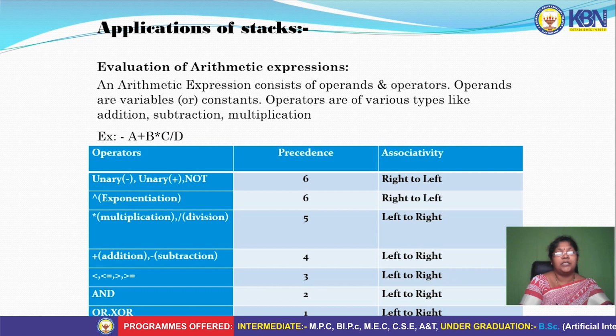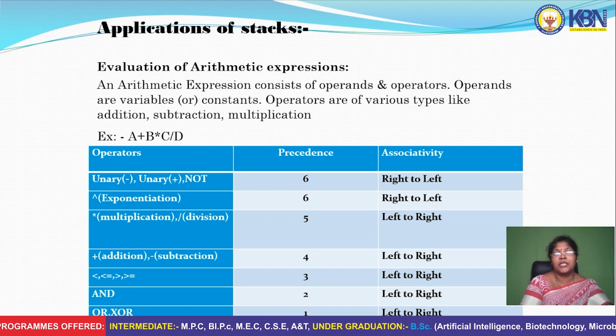Greater than or equal to, less than or equal to is the third position, left to right. AND is the second, left to right. OR or XOR is the first one, left to right. We should follow these rules, then only we get the accurate answer.